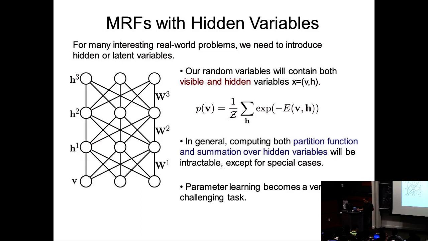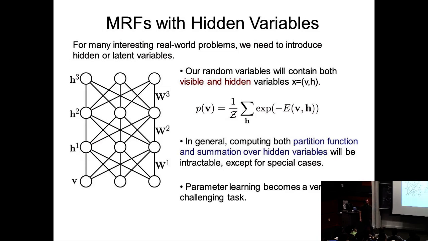So now your x is represented as v and h, the whole ensemble of random variables. You can specify the probability of your data, the visible variables, as a sum over all possible configurations of h, of e to the negative of some energy function. We'll have to specify what that energy function is. For different problems, we might have different energy functions.